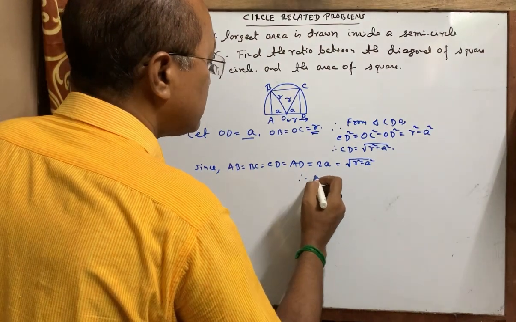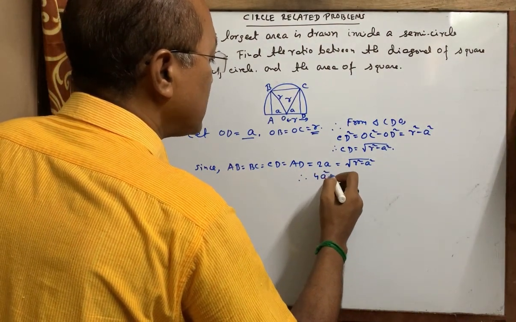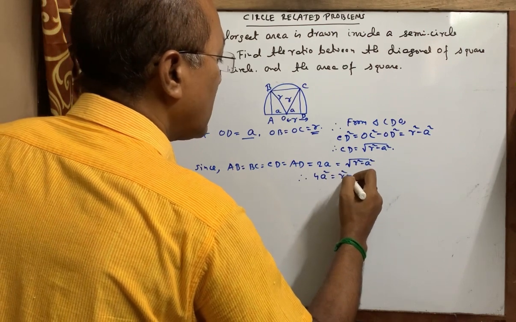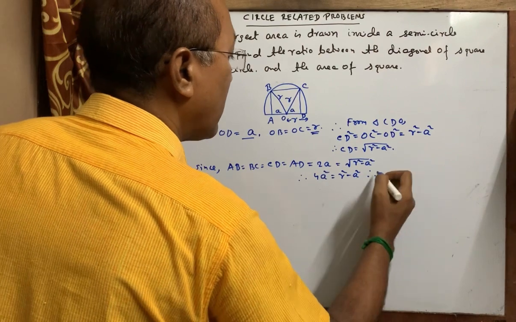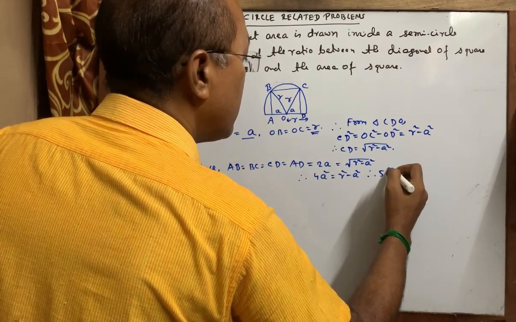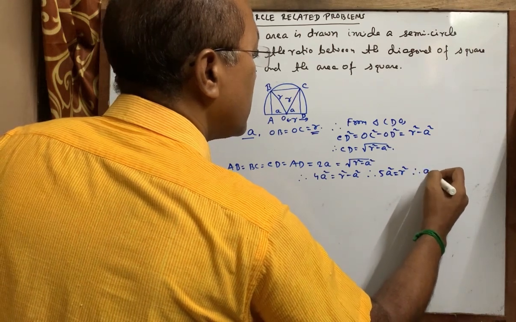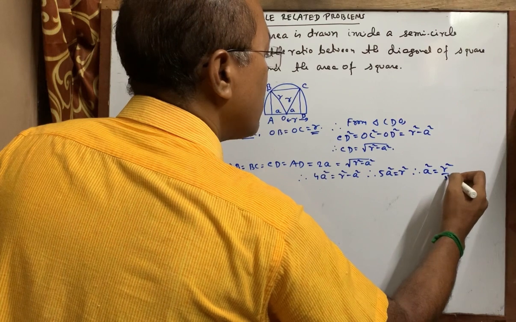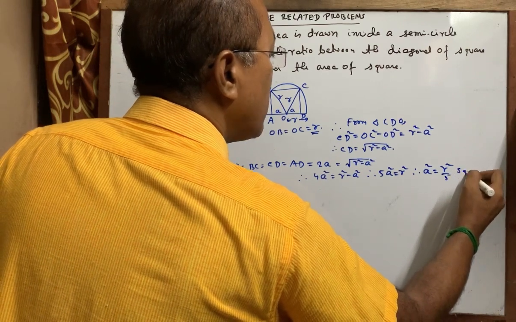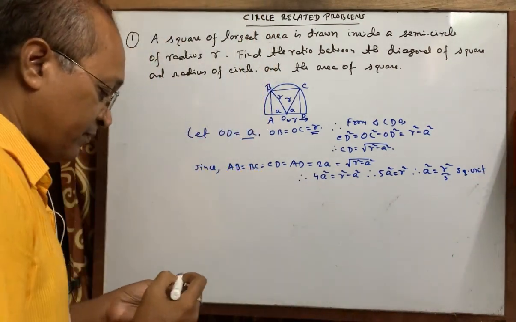Therefore, by squaring both sides we can write 4a square is equal to R square minus a square. Therefore you can write 5a square is equal to R square. So a square is equal to R square by 5 square unit. Okay.